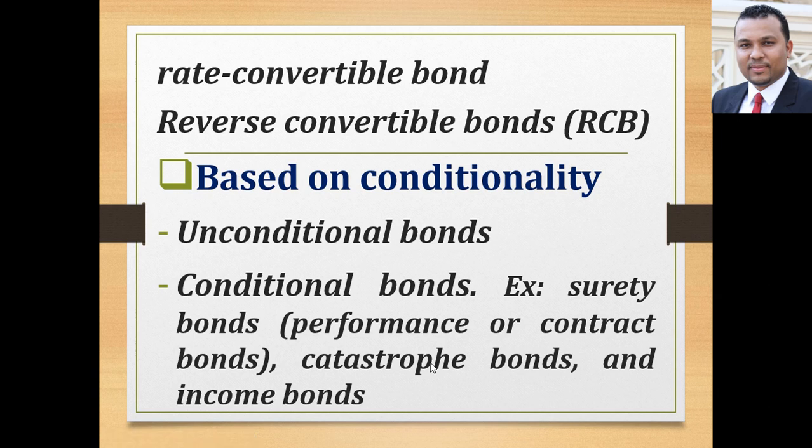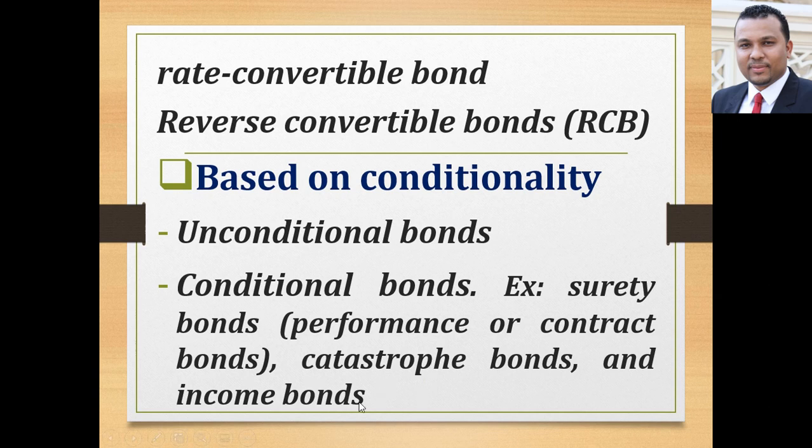When the cost of the natural disaster is higher, the issuer may repay some of the principal and cannot pay all the principal value.